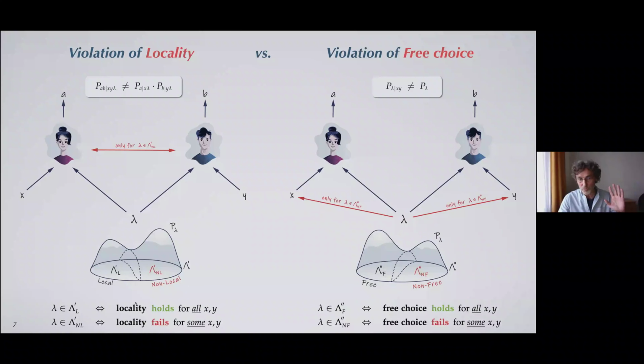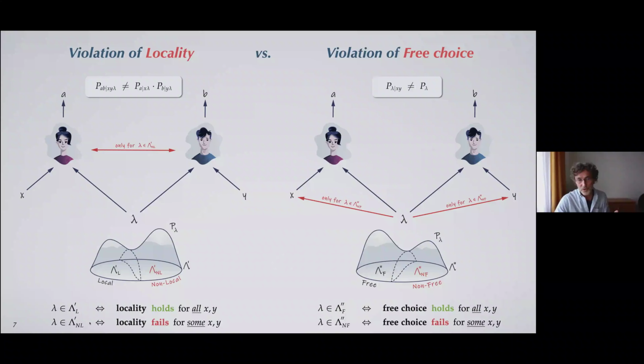On the first one, on the local one, locality will hold, while on this non-local part here, I will assume that this set is defined in a way that this condition doesn't hold, at least for some x and y. And the same for the freedom of choice. So lambda NF, there is no free choice, means that for those lambdas, this condition fails, at least for some x's and y's.